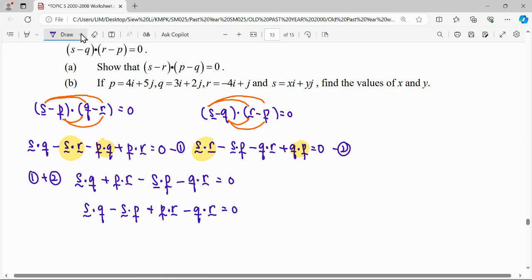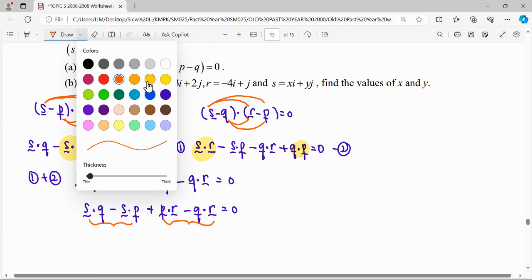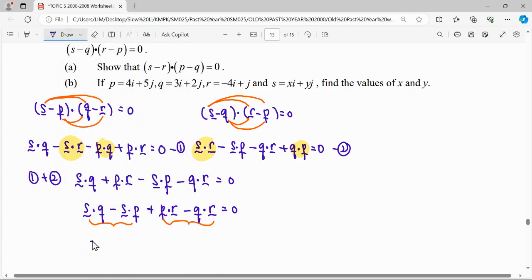So from here we factorize out our S and factorize out our R. So S inside here will be Q minus P plus, when we factorize out R, inside here will be P minus Q.